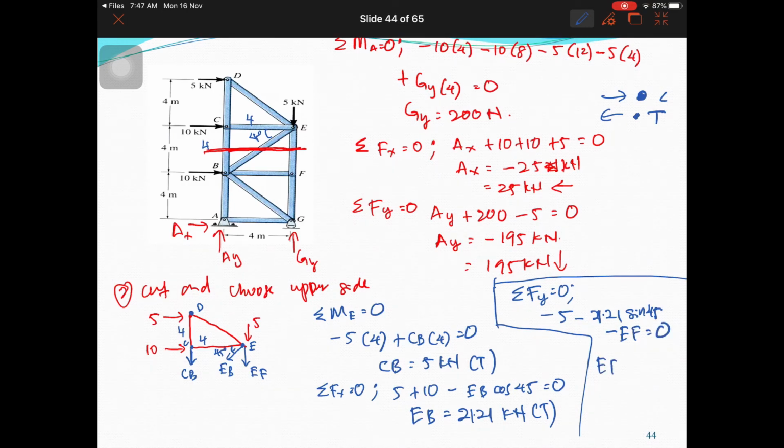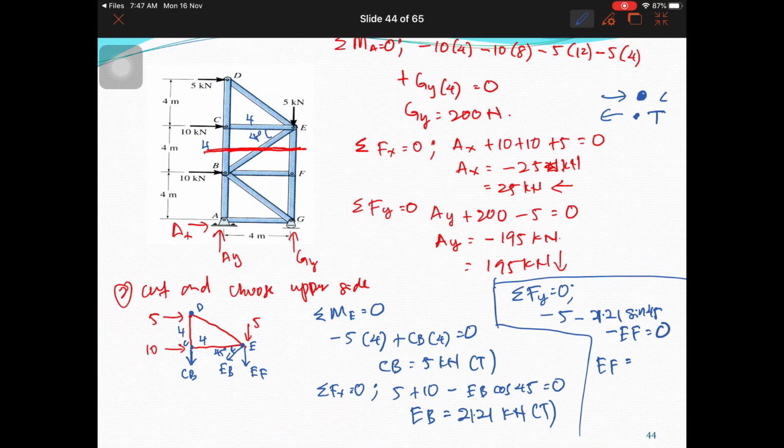So you have EF equal to 5 plus 21.21 sin 45.